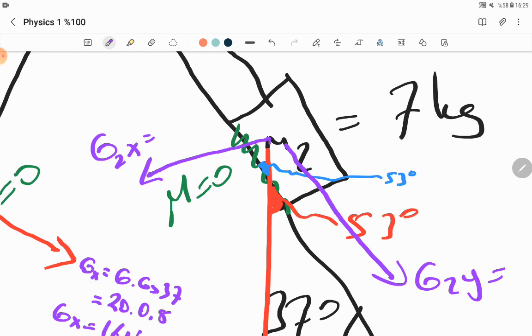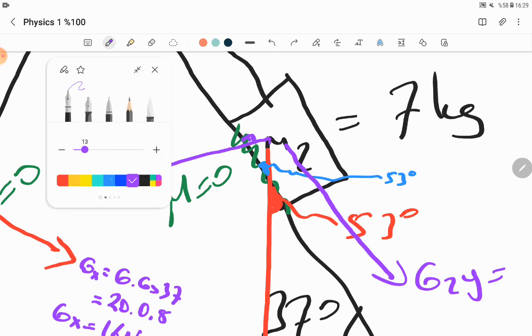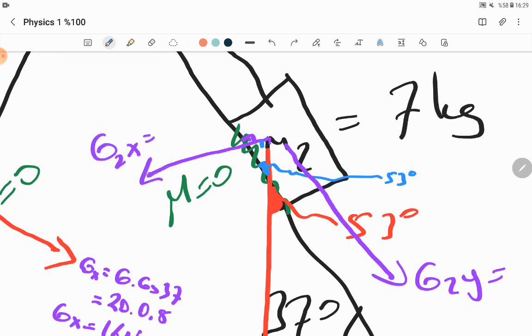the x projection has a right angle, and this angle value is 37 degrees.